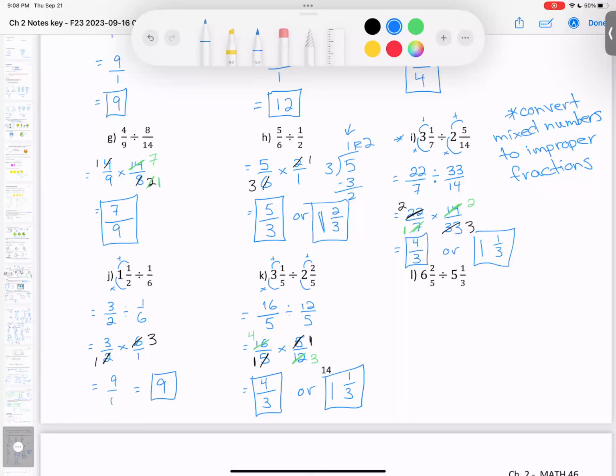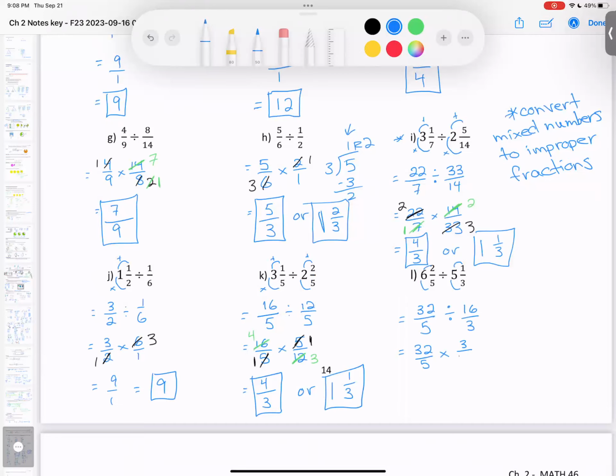Okay, last one here. So we've got 5 times 6 is 30 plus 2 gives us 32 over 5. And then we're dividing by 3 times 5 is 15 plus 1 is 16, so 16 over 3. So now let's flip and multiply. So remember, you just flip that second fraction.